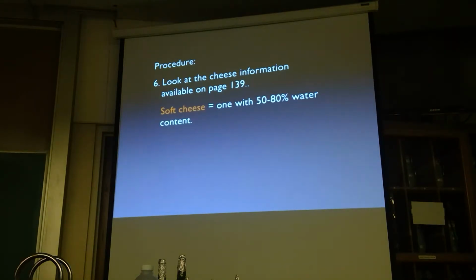There's also differentiation between soft cheese and hard cheese. A soft cheese is one that has 50 to 80% water. It's soft because it has a very high water content. When cheese is made, typically, again, you put milk and buttermilk or milk in a starter culture, and then some kind of enzyme to make the milk coagulate. You get curds, and then you separate them from the whey, which is the liquid behind it.